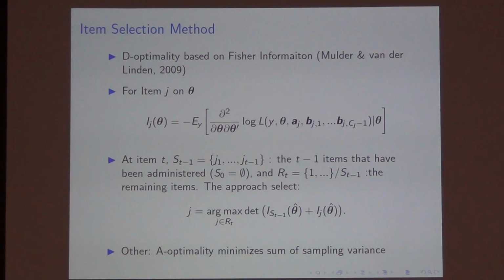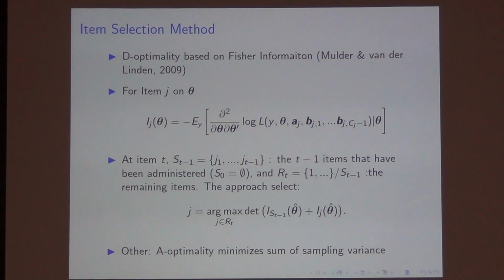When we go to select a new item, for each unselected, untested item in the bank, we compute the Fisher information matrix for all the tested items and the new item, given the current estimate of theta. And then we select the item that maximizes the determinant of the matrix.